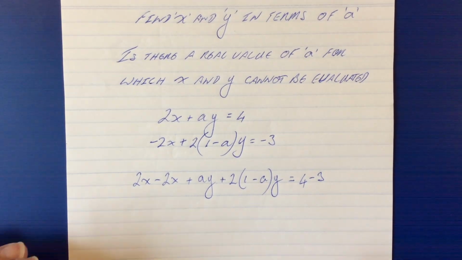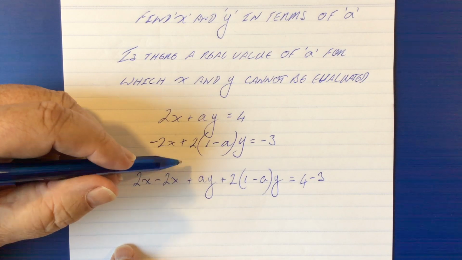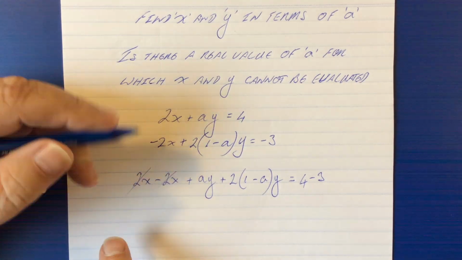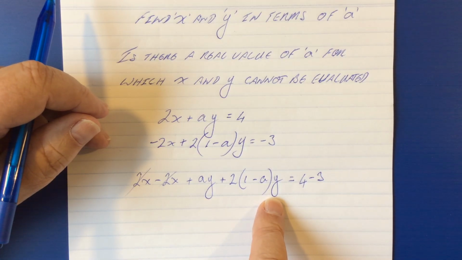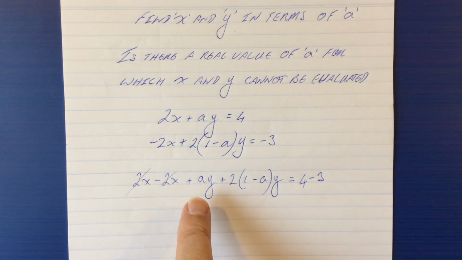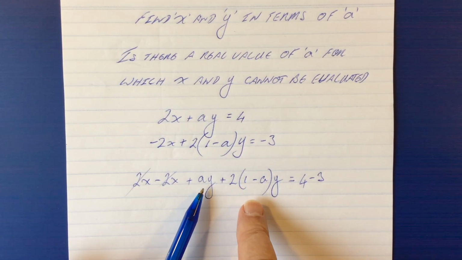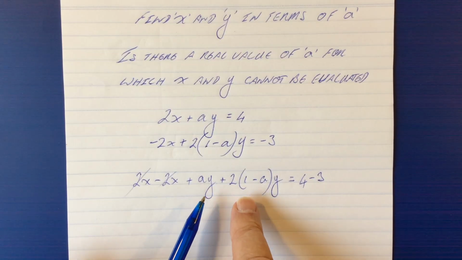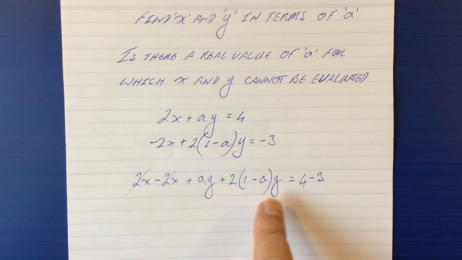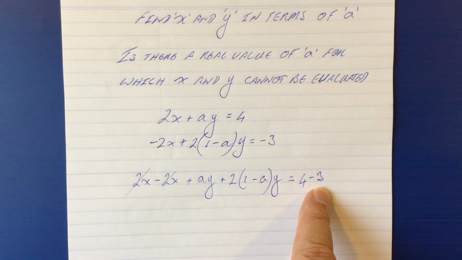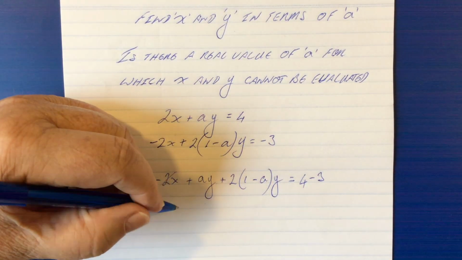Now let's do some tidying up. First of all, we can get rid of these two items here, and we can tidy this up a little bit. So you'll notice that we have two elements here, a and 1 minus a multiplying y. We've also got the 2 here, we mustn't forget that. We can tidy this up, that equals 1. So let's see what we get.